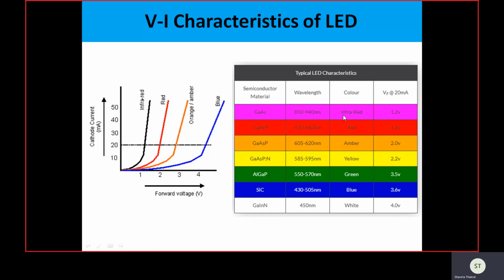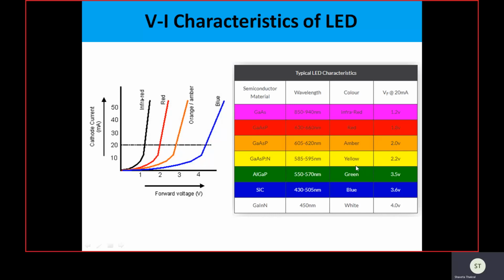For the infrared LED the material used is gallium arsenide. Then for the red LED and the amber, or we can say orange, LED, we are using the same material, that is gallium arsenide phosphide, but for producing different colors the operating voltage is different. Here it is 1.8 volts, here it is 2 volts.